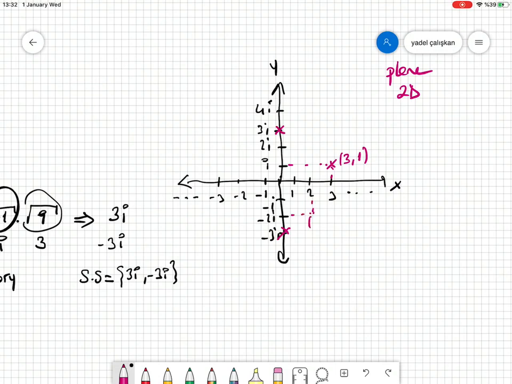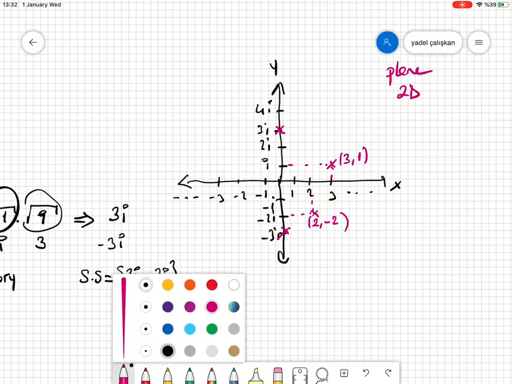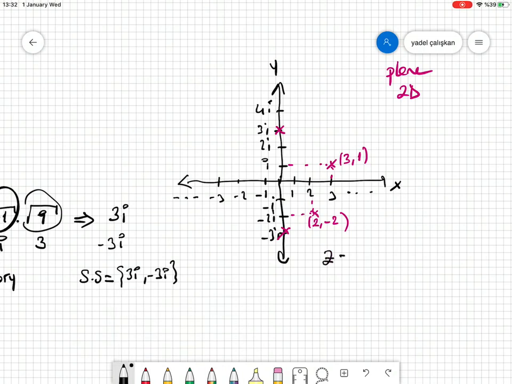Also we can say, for example, (2, minus 2), and we should find a standardized expression for these numbers. Mathematicians in the 19th century used this expression: this is the real part, this is the imaginary part.